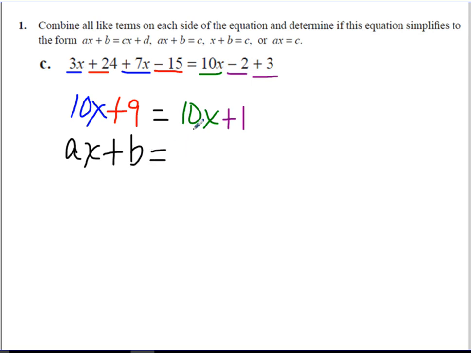On the right-hand side, we have another number, which is c times our x, and then we're adding a constant on that side as well. So we have that ax plus b equals cx plus d pattern, just by simplifying the left side and the right side as far as we can go.